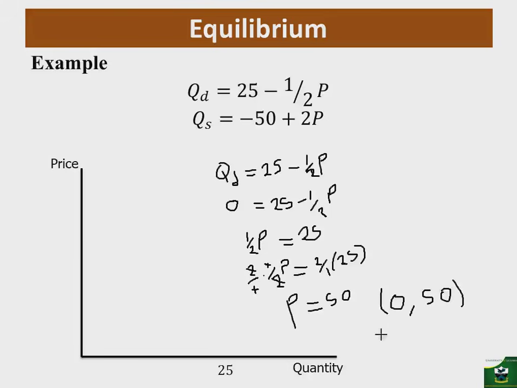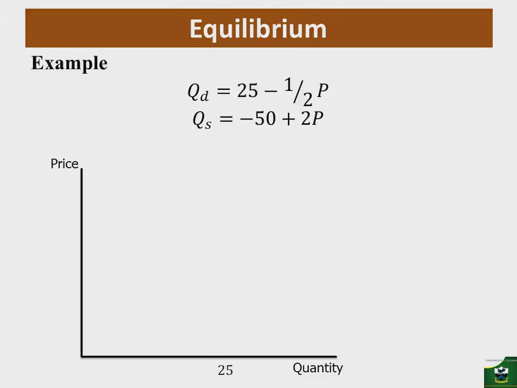So transferring this information onto the graph, what we will have is the vertical intercept of 50. And if I get my ruler and join the two points, the point here at 50 and the point here at 25, with a straight line, I will have my demand curve looking like that one.